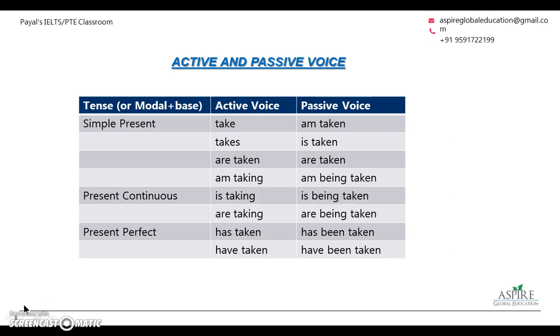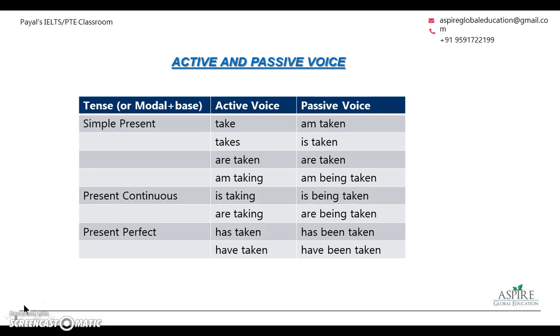A break is taken by me after every 3 hours. So here you can change it to am taken or is taken depending on how it is used in a sentence. Are taken, am taking, am being taken, is taking, is being taken.